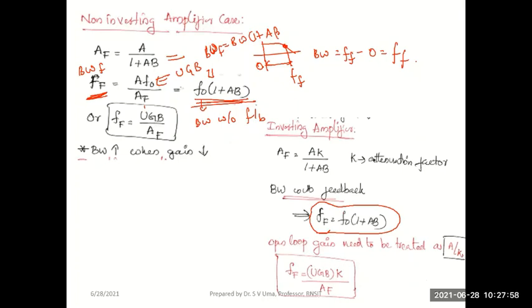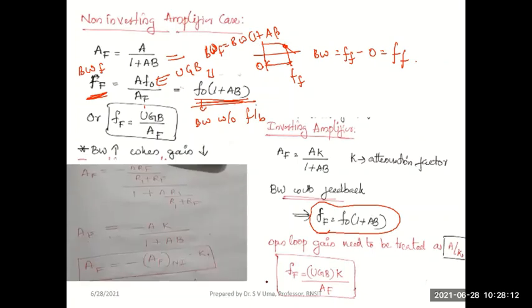So this value K, the attenuation factor that we have, should get multiplied with the unity gain bandwidth product and then divided by the factor AF. Hence, you can clearly see that I'm just substituting for the value of what?